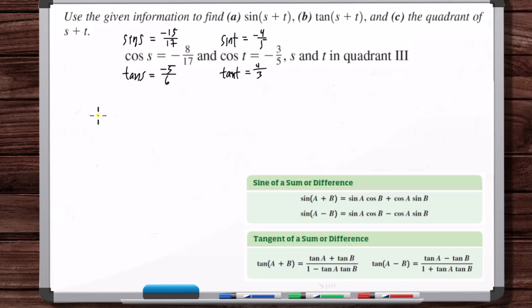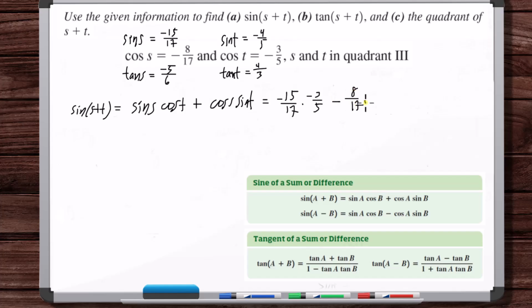Okay. So sine of s plus t is, so sine of s cosine of t plus cosine of s sine of t. Sine of s times cosine of t plus cosine of s times sine of t.